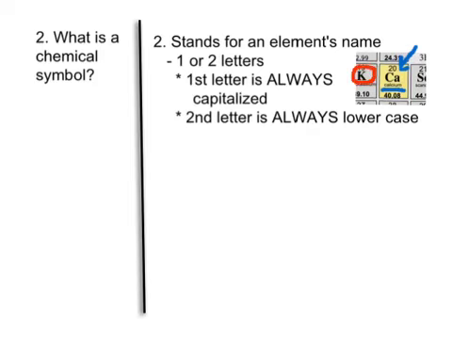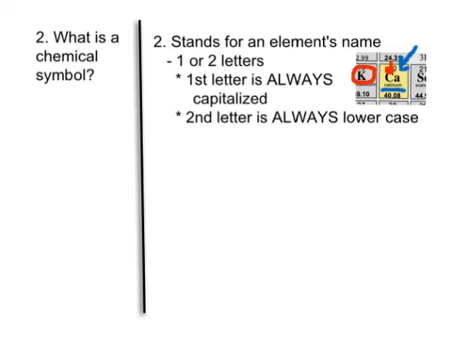There's one letter, it's capital K. If there are 2 letters, the first one is, again, always capital, and that's basically going to tell you that it's a new element that we're talking about. And then the second letter is always lowercase. So if it has a second letter, it will be lowercase. If it doesn't have a second letter, then it doesn't matter.